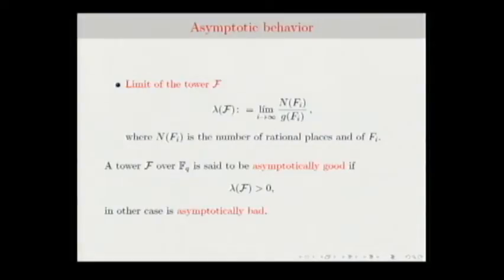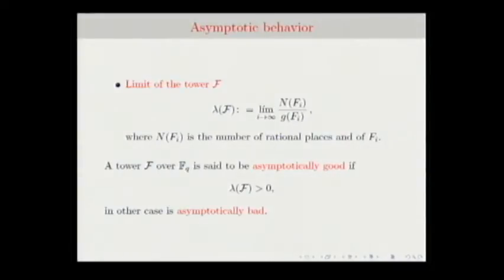This limit always exists, and if it is bigger than 0, we say that the tower is asymptotically good, and if it is 0, then we say that the tower is asymptotically bad. In order to have these codes that Luciani talked about, we need asymptotically good towers. So we are interested in finding a way to have asymptotically good towers.